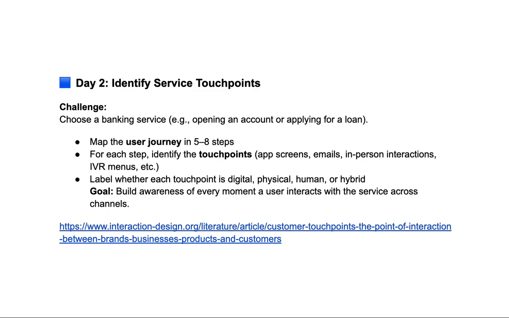But for each step, identify the touch points: apps, screens, emails, in-person interactions, IVR menus, etc. So just any time where there is a very acute exchange between your user and the entity that they're interacting with.